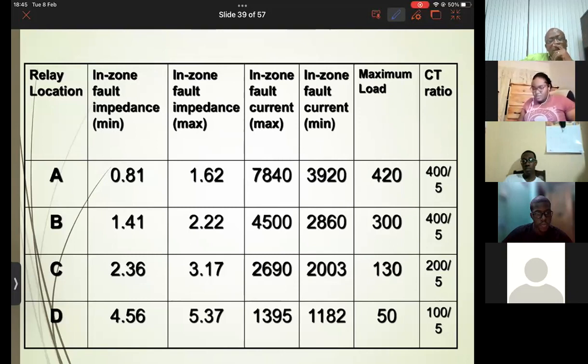Up to what point should it ignore them? Well, the minimum fault here that A should operate on is 3,920. So anything below that. Note, we didn't say anything about operation. All I have calculated are the in-zone fault currents. I know it's late, so let me help you. A must provide backup for B.